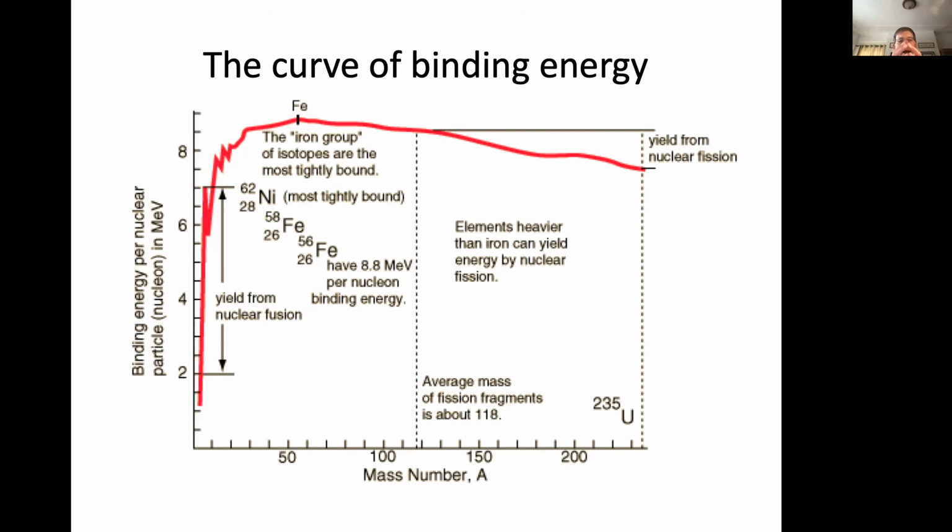Therefore, if I make atomic nuclei larger and larger, there's less surface to volume ratio, or more volume to surface ratio, so the binding per nucleon will increase.